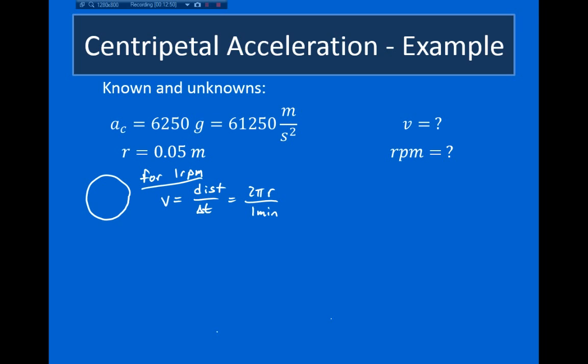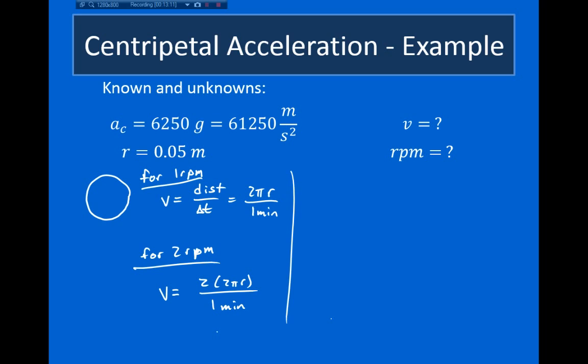What if the object was moving at 2 RPMs? Well, if it's traveling at 2 RPMs, the distance the object travels in 1 minute is twice around the circle. So that distance is 2 times 2 pi r divided by 1 minute.